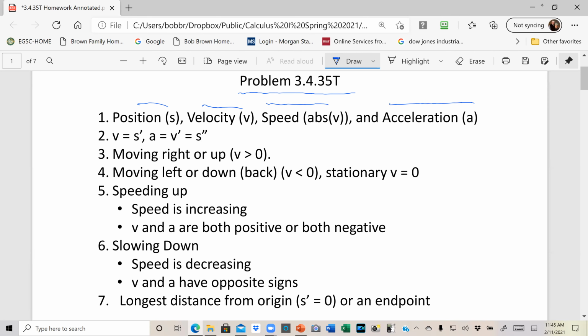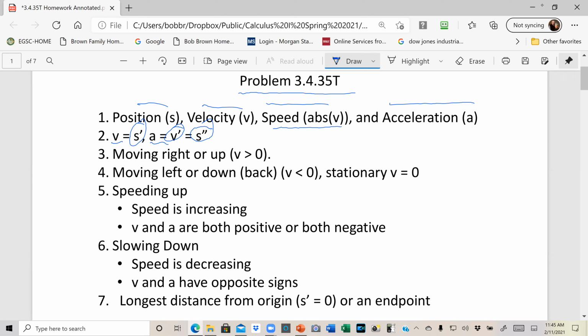Now, you already have seen in the videos that the velocity of an object is going to be the first derivative of the position. The acceleration will be the first derivative of the velocity, which will be the second derivative of the position. The speed is the absolute value of velocity.